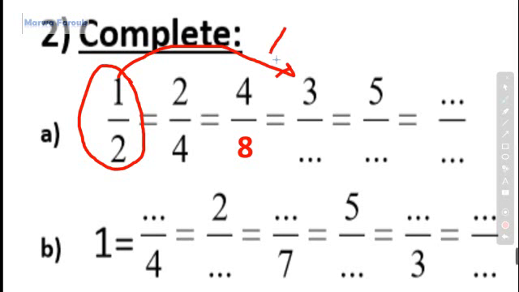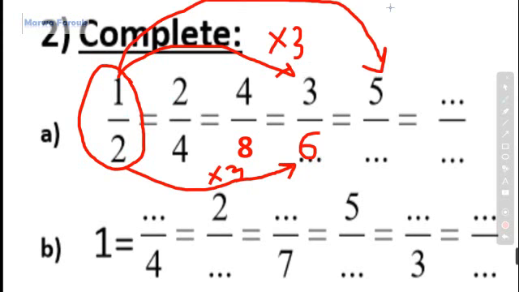I will say 1 times what equals 3? 1 times 3. Excellent. So I will do the same with the bottom. 2 times 3 equals 6. Excellent. So we will write 6.